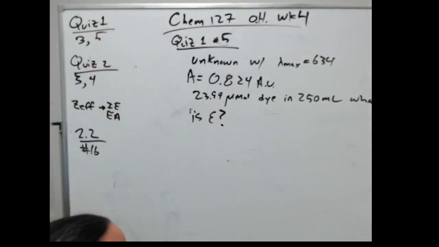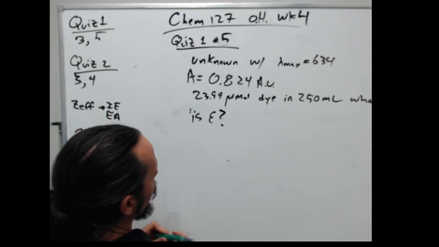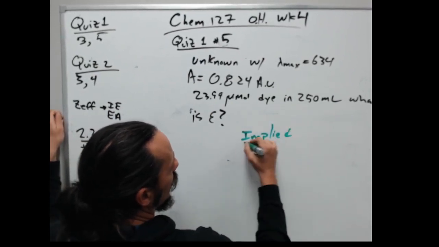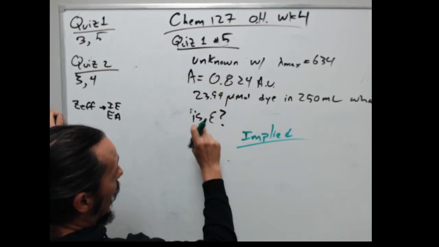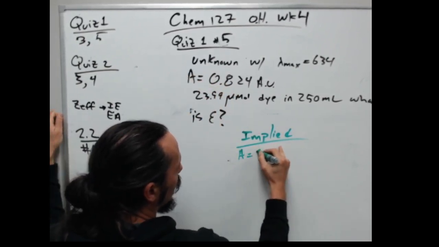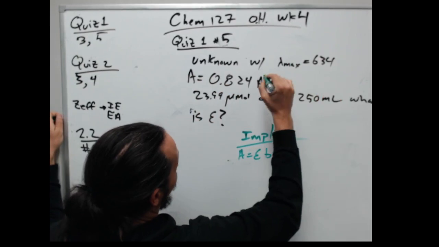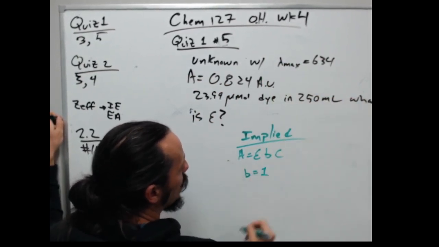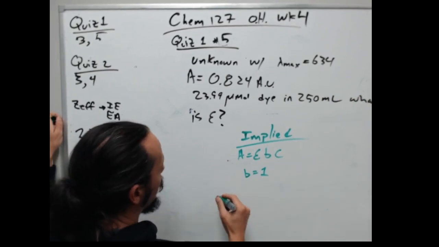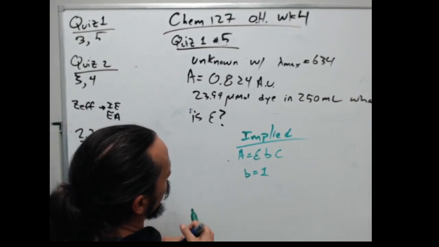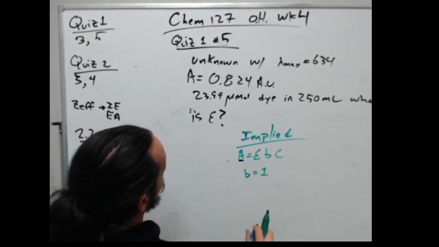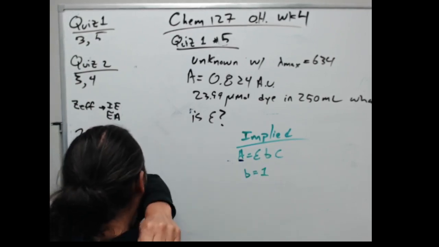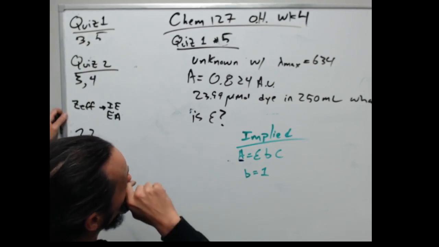A couple of big things we can see. I'm just going to jump straight to the implied here. We have an A, we have an epsilon, that's going to be Beer's law. It's a standard spectrometer, so path length is going to be 1. We have the absorbance given to us. We're trying to find epsilon. So there must be some way to figure out the concentration.